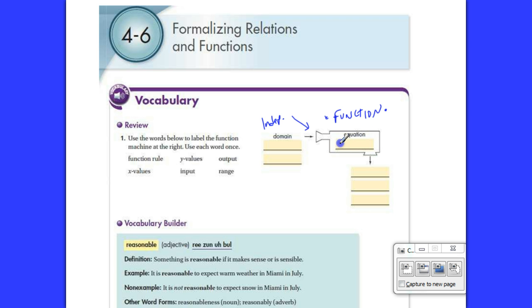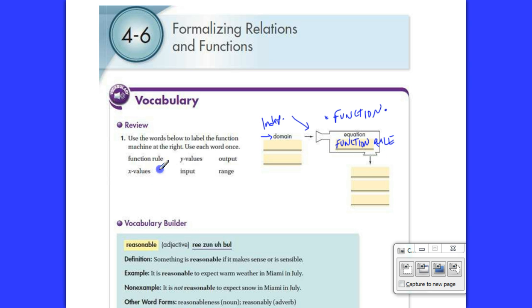So this particular blank in here, that's going to be the function rule. Okay, and that might be, like I said, x plus 1 is an example of what this would be. So we have an independent variable, which we also call domain. It goes into the function rule, and then it spits something out.